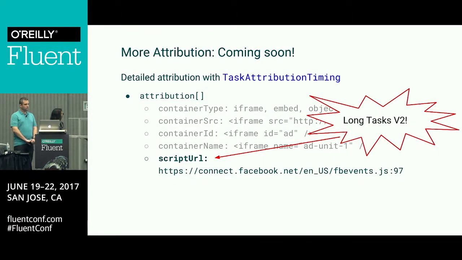We are actively working on the V2 API, and the major improvement is the addition of a field called script URL. This is by far the biggest feature request so far, the idea being that you can implicate what script it is and what line number and so forth.